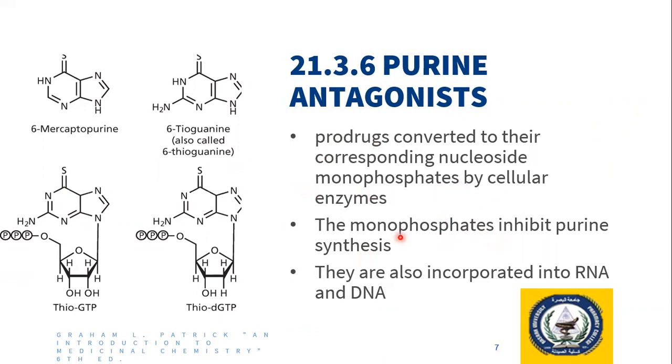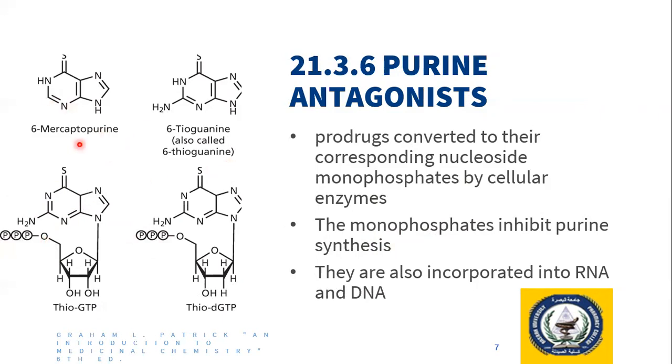The monophosphate will inhibit purine synthesis. But they are also incorporated into DNA after they get converted from the monophosphate to the diphosphate, then to the triphosphate, as you can see here in the figure.